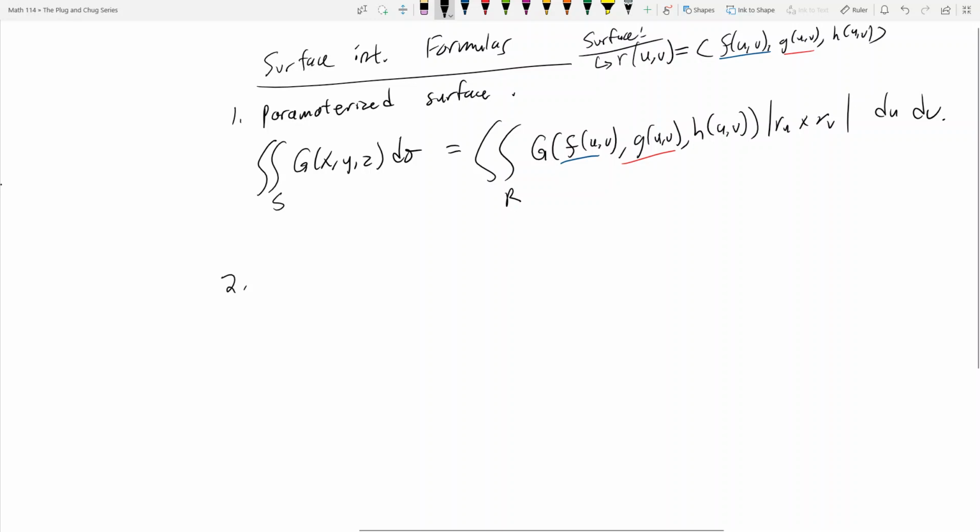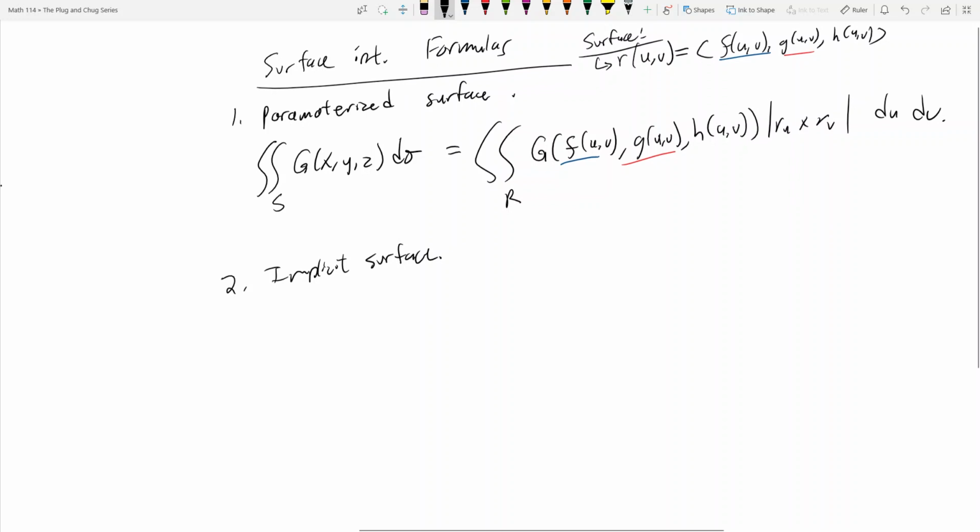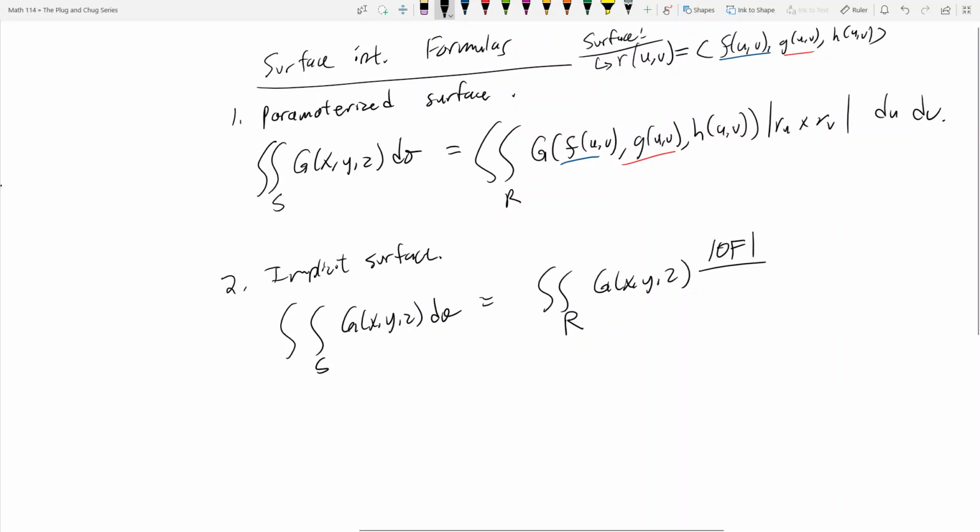The second one is when you have an implicit surface. Remember what an implicit surface was. The double integral of g of x, y, z d sigma over the surface is equal to the double integral over the region of g of x, y, z times the magnitude of nabla f over nabla f dot p dA.